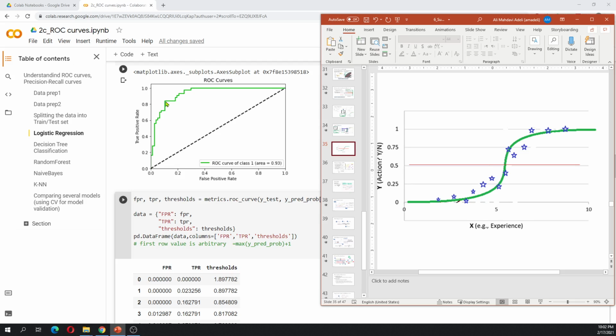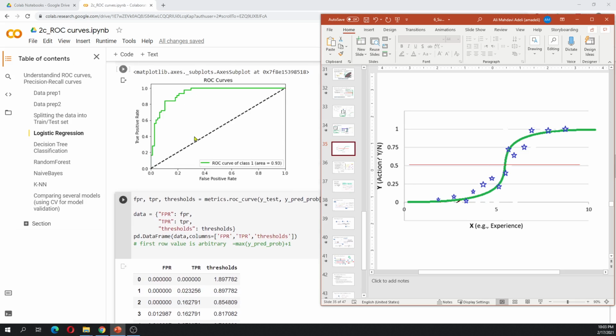Again, it depends on what is more important. Remember, for example, a classifier for detecting a cancerous tumor versus a spam filter. It depends on your application whether you would want a higher true positive rate at a cost of a higher false positive rate, or the other way around.